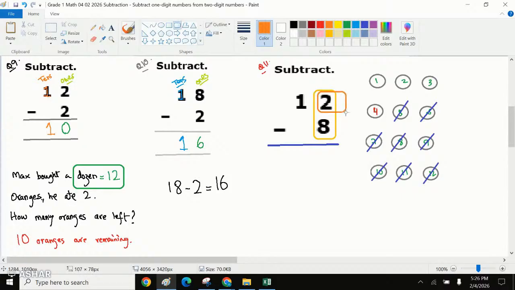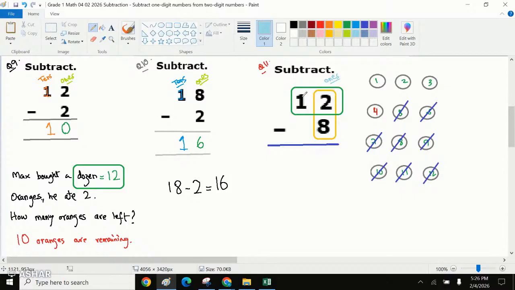Agreed? This was 2, which is less than the number at the bottom. This was 8. Agreed? So what we have to do is, we have to treat this entire number as a single number.